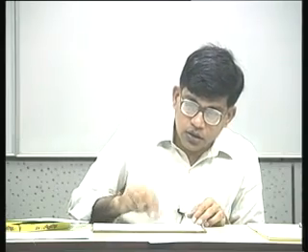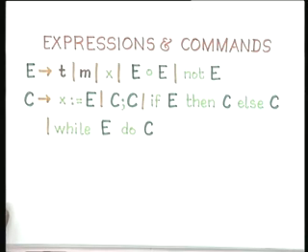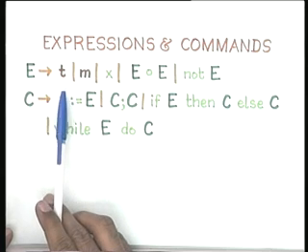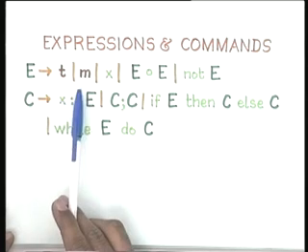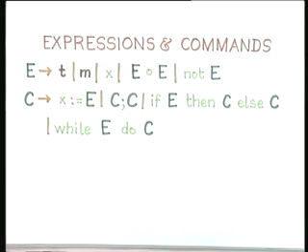Right. So, our expression language consists of all these expressions. So, essentially t is a truth value, m is an integer maybe. So, somehow let us assume that we can distinguish between t and m.